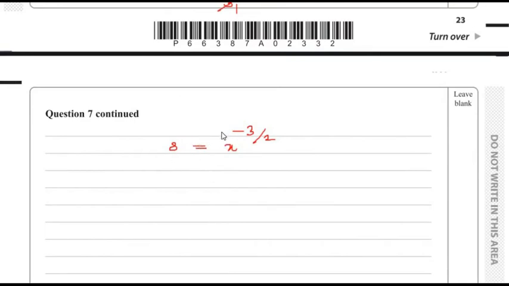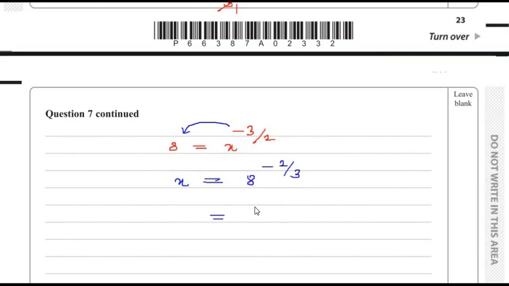The next thing we are going to do is transfer the power, that is -3/2, to the other side of the equal to sign, and the power flips. So here it becomes 8 to the power of negative, the negative remains, but the power reciprocates and becomes 2/3.